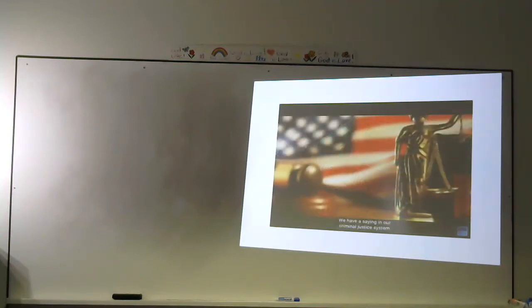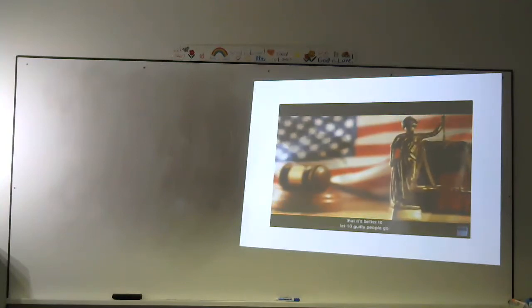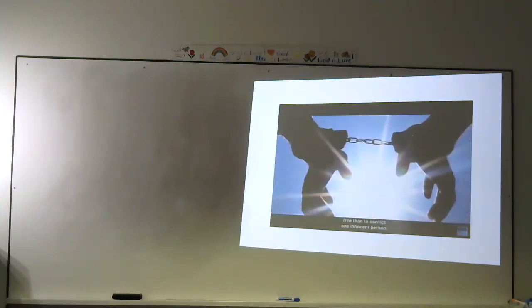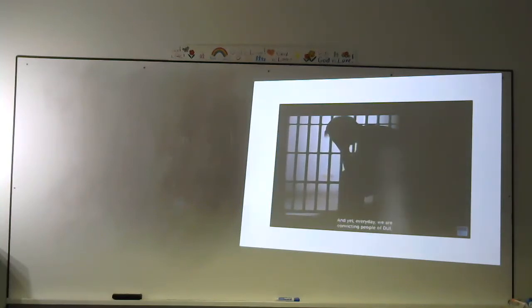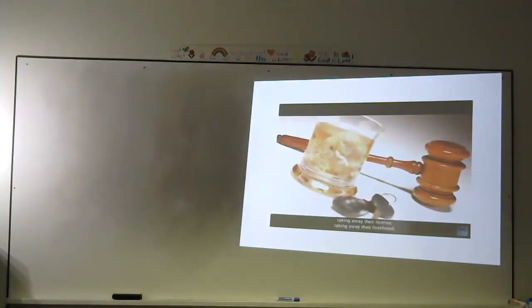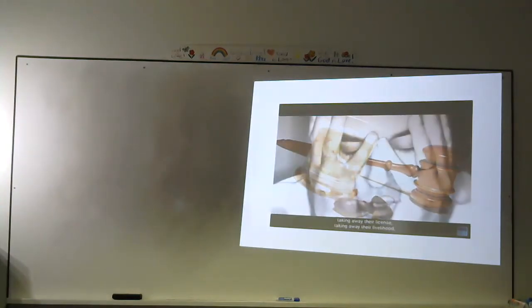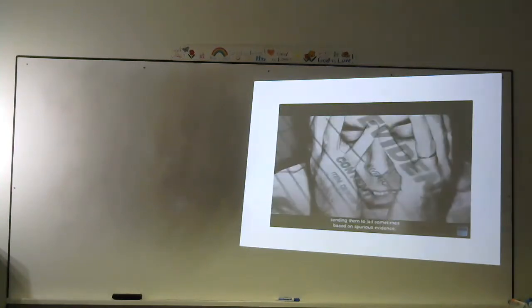We have a saying in our criminal justice system that it's better to let 10 guilty people go free than to convict one innocent person. And yet every day we are convicting people of DUI, taking away their license, taking away their livelihood, sending them to jail sometimes based on spurious evidence.